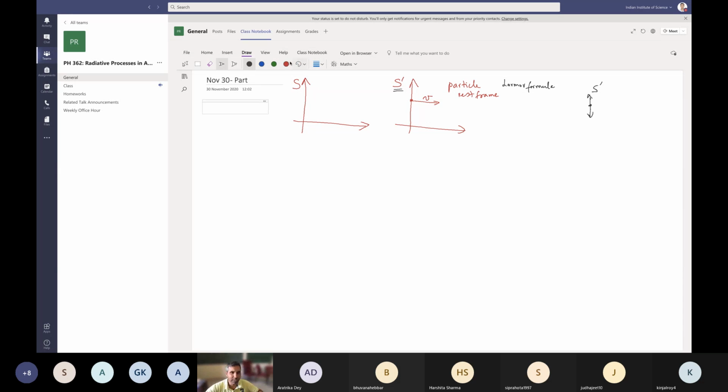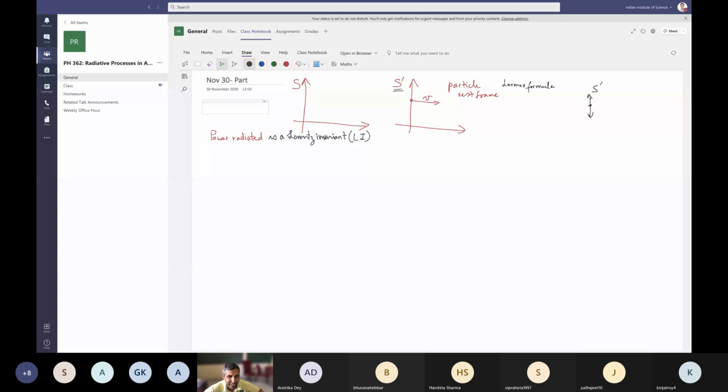The first thing is power radiated. Power radiated is Lorentz invariant. What is meant by Lorentz invariant?